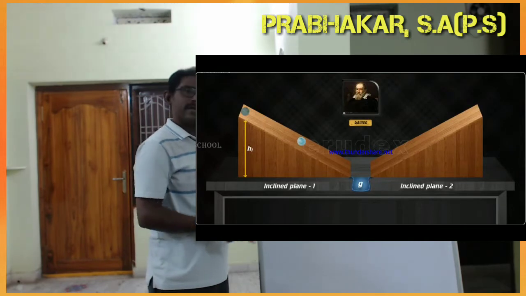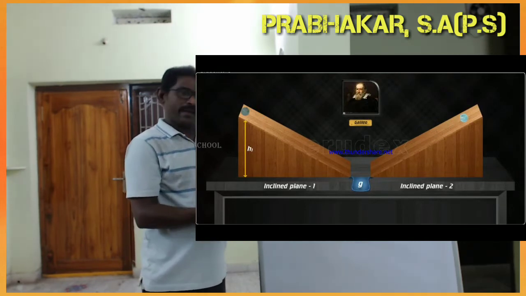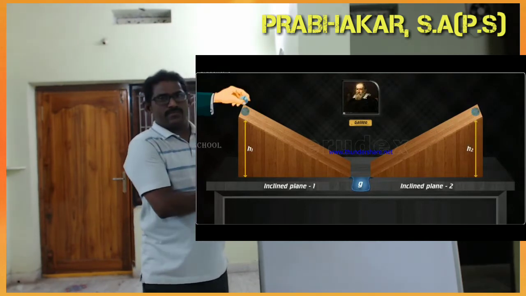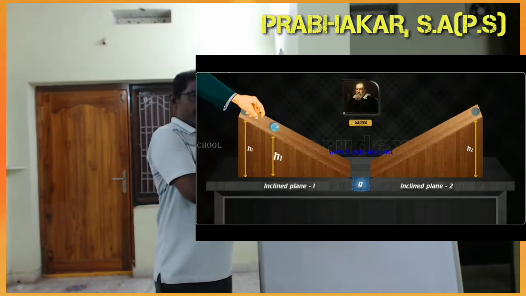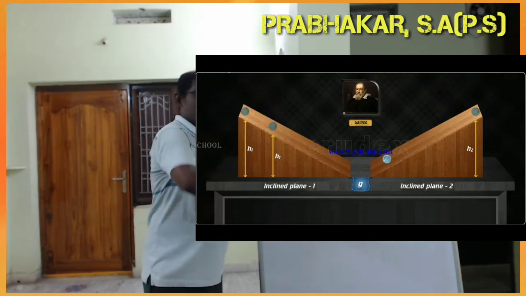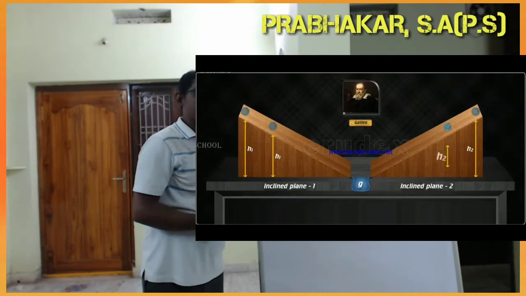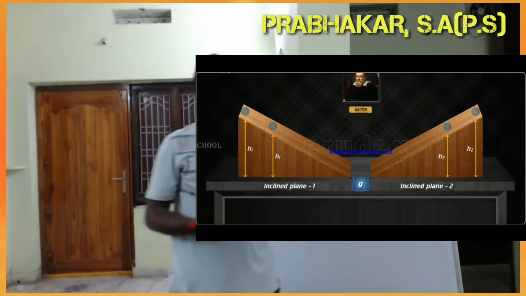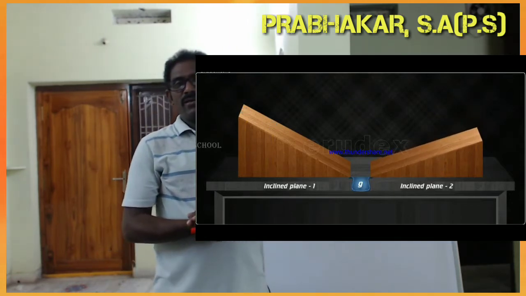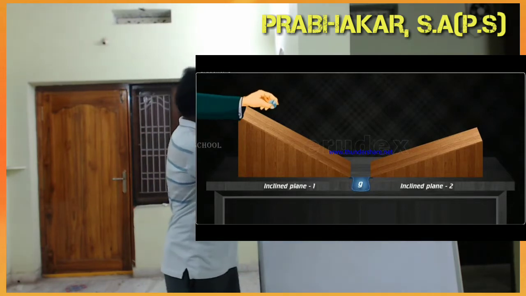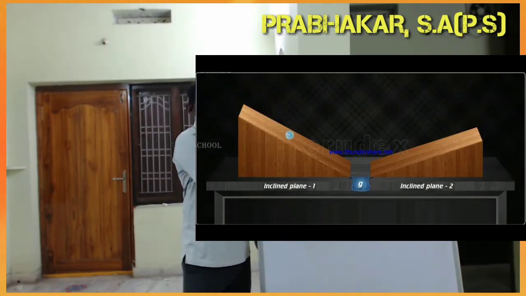Further he reduced the slope, and he noticed that the marble moves a further distance to reach the same height. Then he had a question: what happens when the marble moves from the inclined plane and the second plane has no slope?